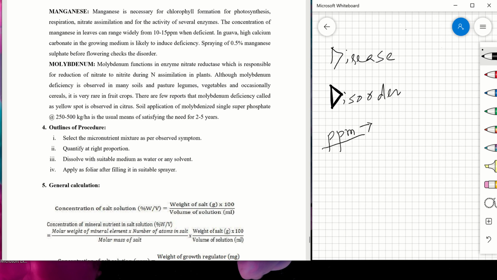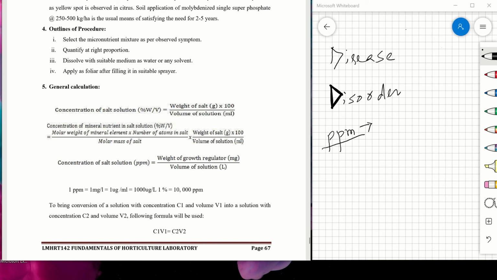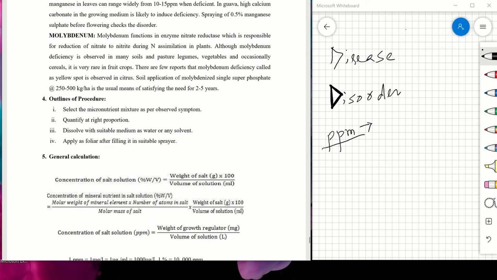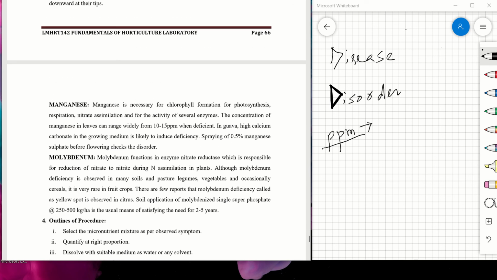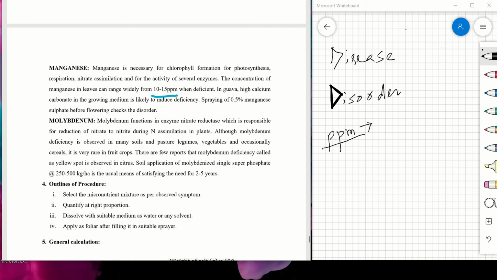What do you mean by ppm? How to prepare a 1 ppm solution? For example, let's take 10 to 15 ppm of manganese that you have to apply.